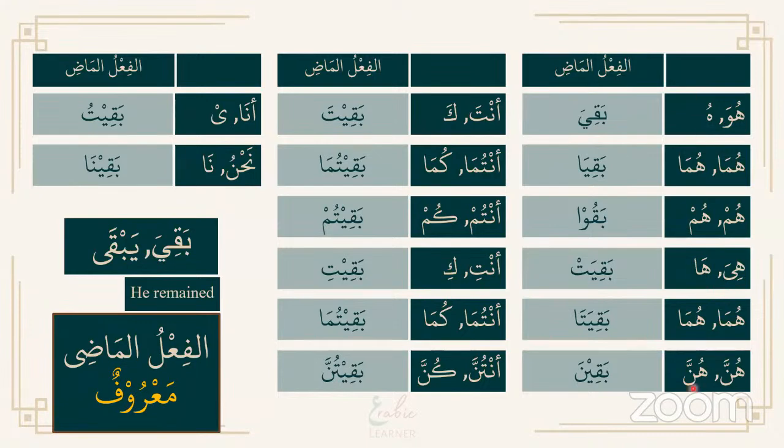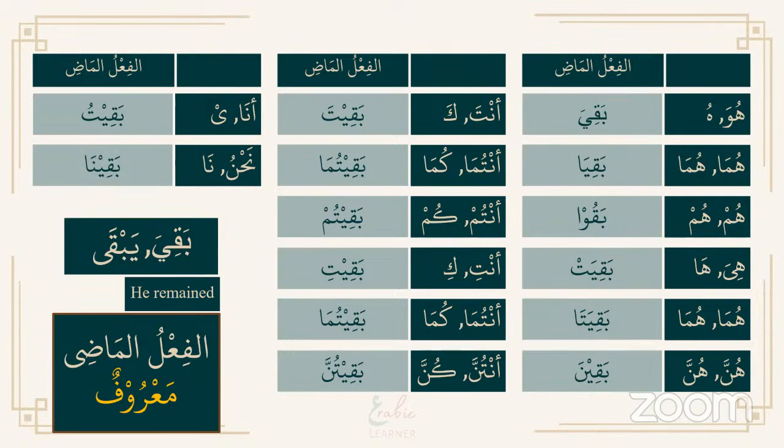There is no significance of this. So these are munfasil damair and these are muttasil damair. I did these tables in book one so that you will remember munfasil and muttasil together in pairs. I'm sticking to that so that you don't miss out. So I will continue like this.